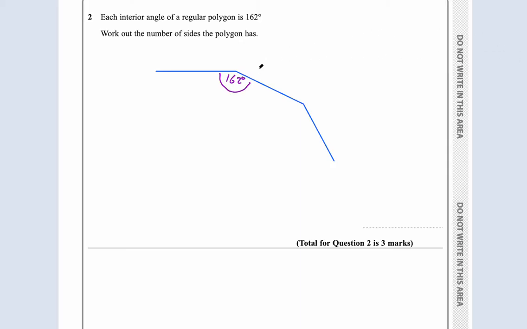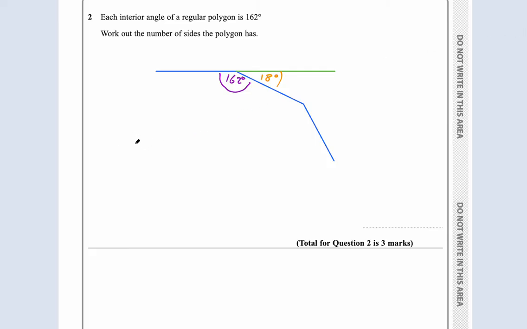What's more interesting is, what is this angle here? Because this is the exterior angle. So if that's 162, then this angle has to be 18 degrees.